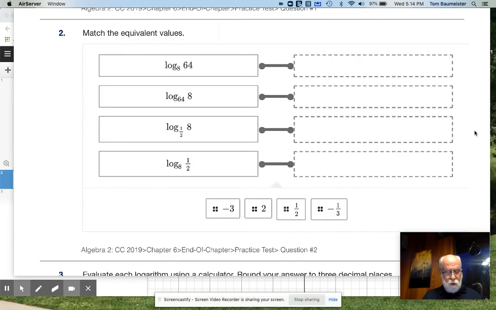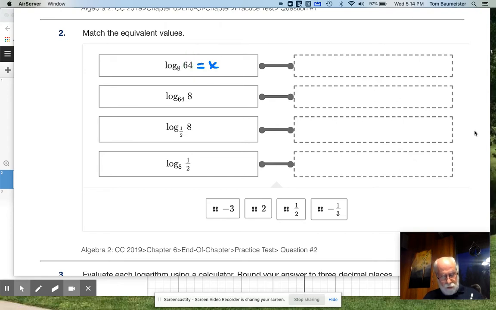So number two, match the equivalent values. Remember, when we had something like this, what I suggested is you make it equal to something, and I used x. So remember, this base raised to this power equals this.